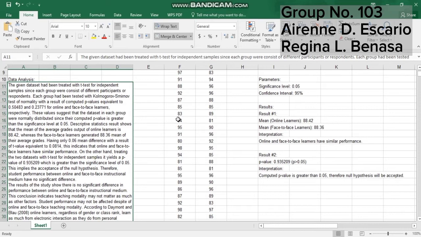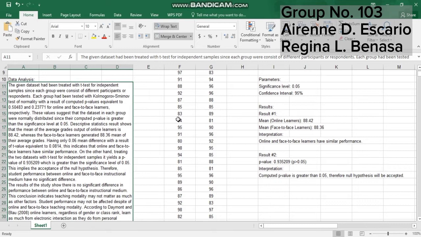Having only 0.06 mean difference with a t-value equivalent to 0.0814, this indicates that online and face-to-face learners have similar performance.